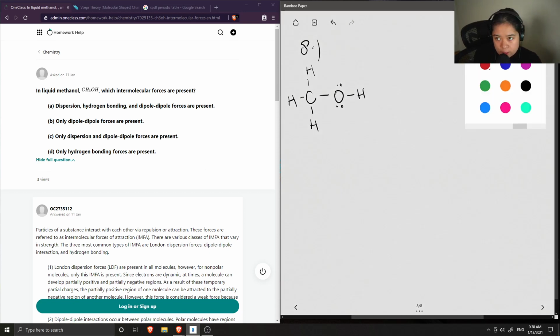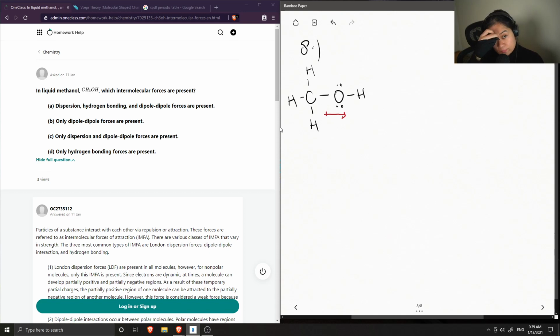If we recall, the oxygen is much more electronegative than carbon and hydrogen. So we're going to have a non-zero dipole moment going towards the direction of the oxygen. This means we have a partially positive side overall and a partially negative side.